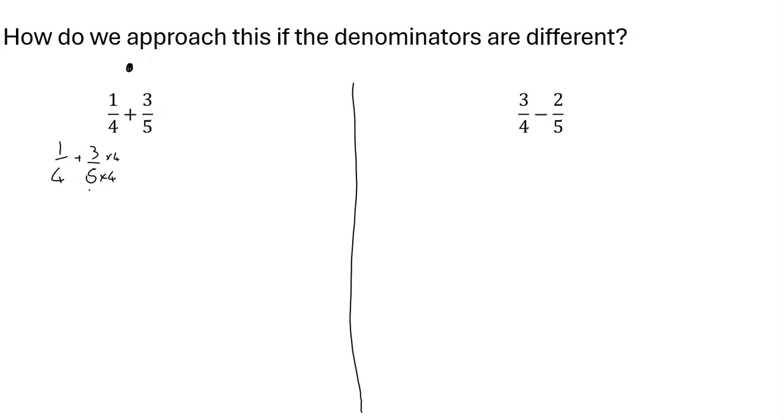And I do the same for the left fraction, except I multiply the top and the bottom by the denominator of the right-hand fraction. That lets me write the fractions as 5/20 plus 12/20 here. Now these are the equivalent fractions.